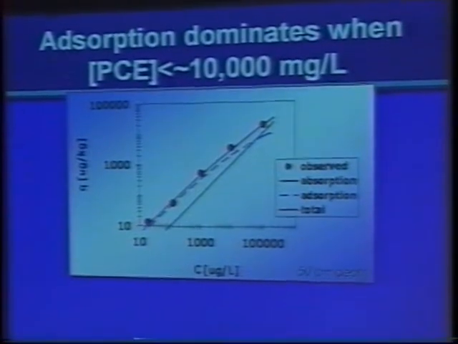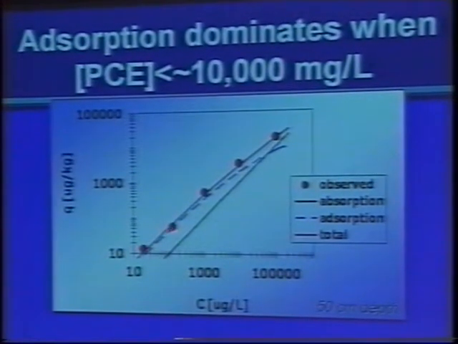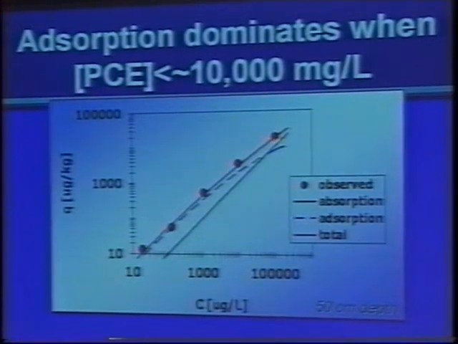Just took the one right in the middle. And now what you're seeing, again, these are the observations. The pink dots are the observations. The pink line is the total model, and it's the sum of the adsorption or hard carbon portion plus the absorption or soft carbon portion of sorption.